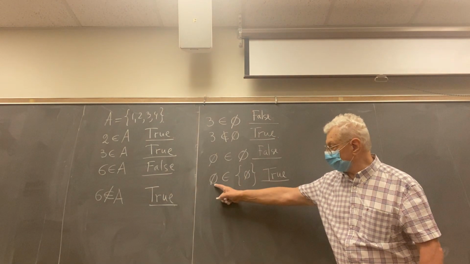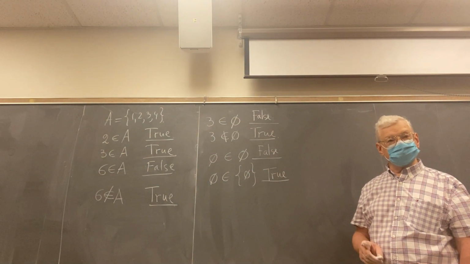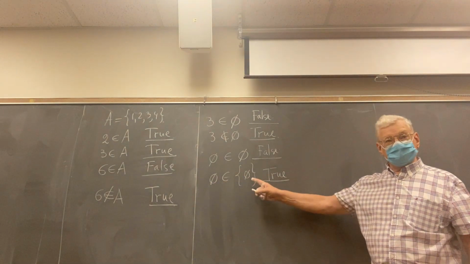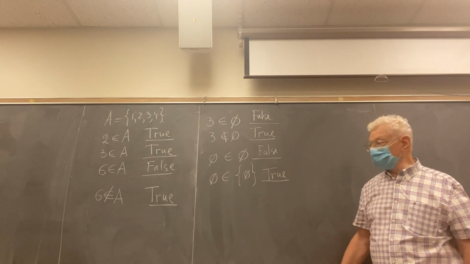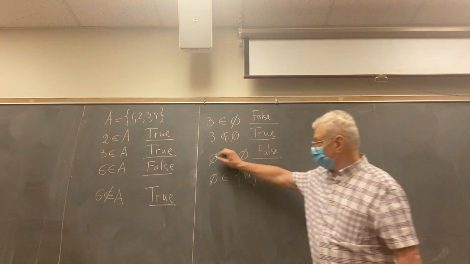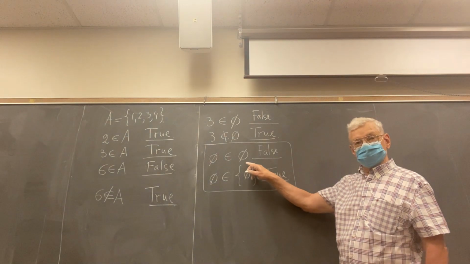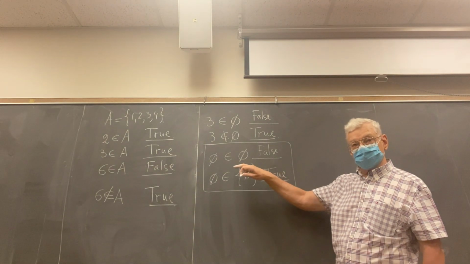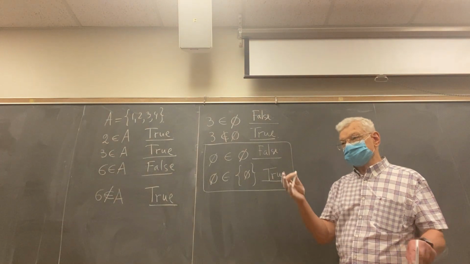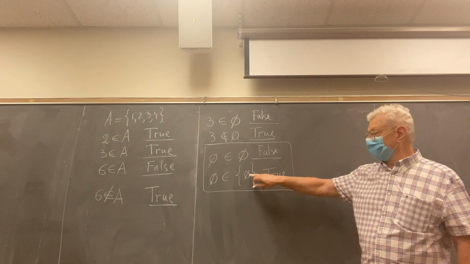And the empty set is written as an element of this set. So this is true. You have to see this element inside that set. Empty set is not an element of empty set, because the empty set doesn't have any elements, and this set has one element, which is a very strange element. This element is a set, which is the empty set.